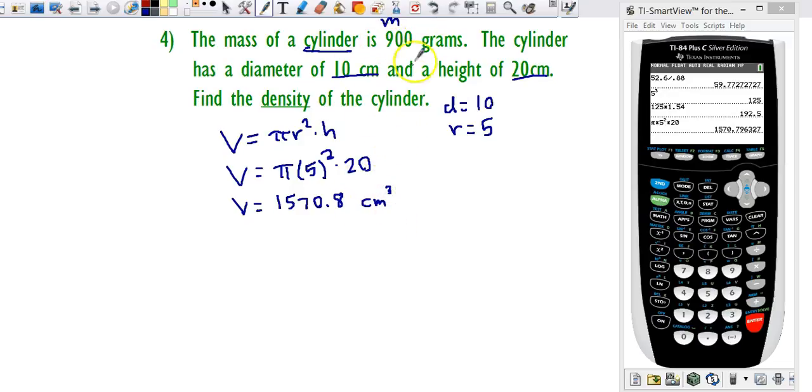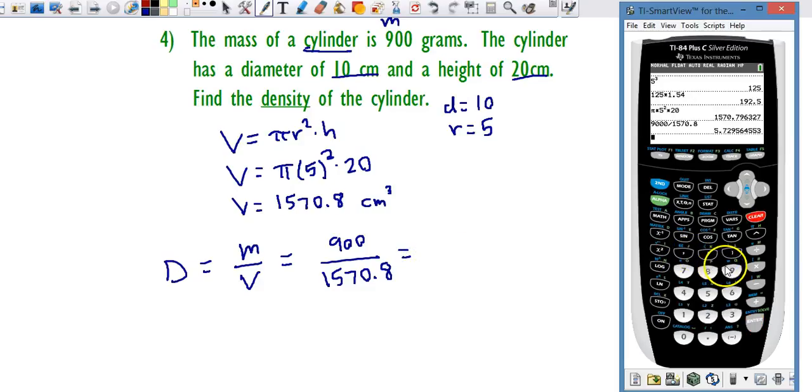We have our mass. We want to know the density. So that's a straight plug into the formula. Mass divided by volume, which is going to be 900 divided by 1570.8.